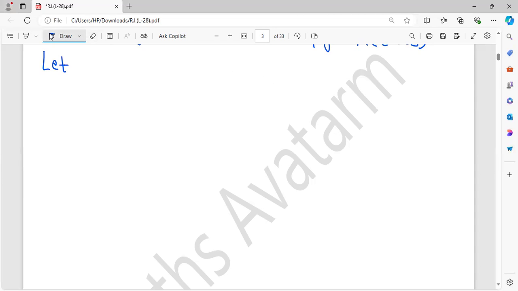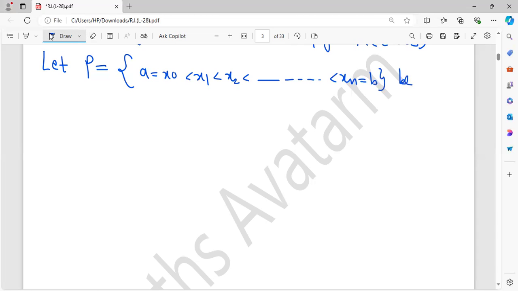Let P equal to {a = x0, x1, x2, up to xn = b} be a partition of the closed interval [a,b].